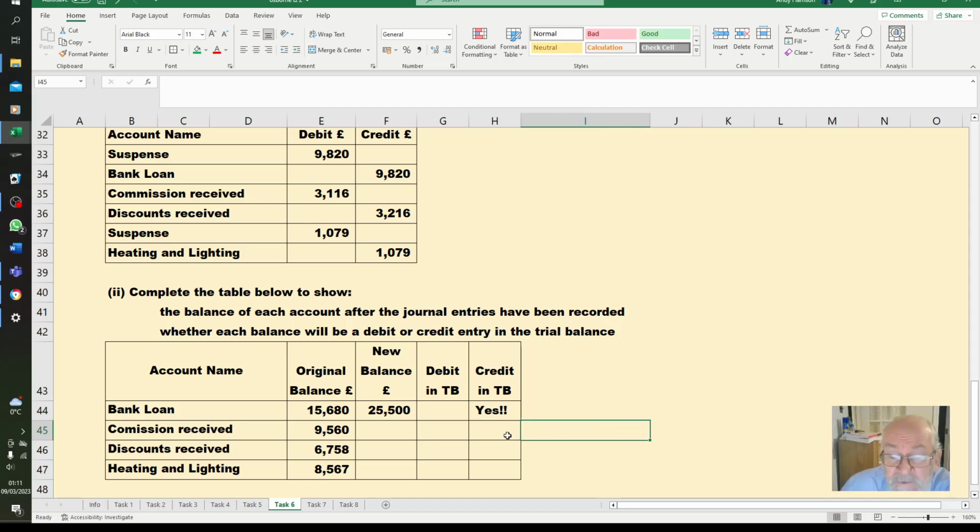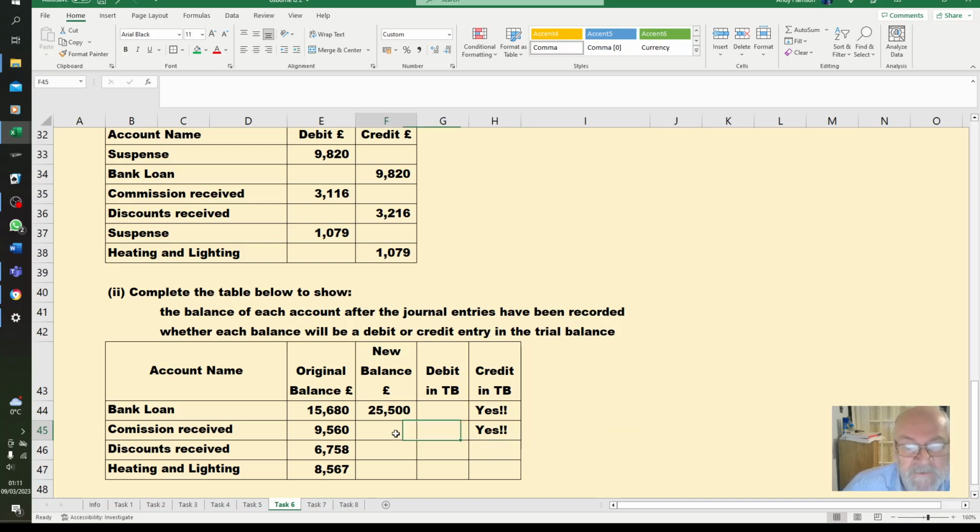Commission received is also a credit in the trial balance. No adjustment will ever make it anything else. Commission received is 9560, and yes, it is different because of the 216. I've made a typo there. I've corrected it on my answers.